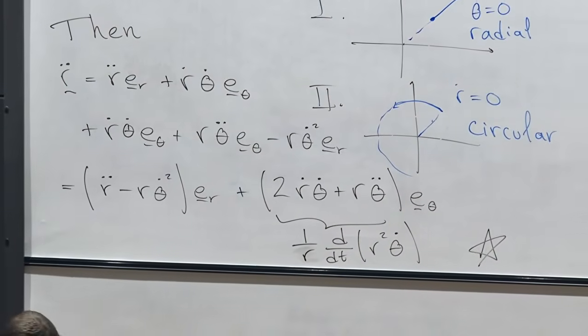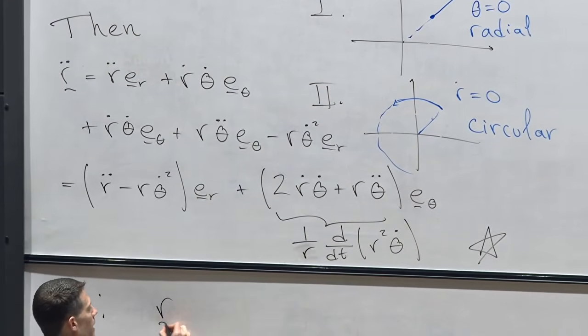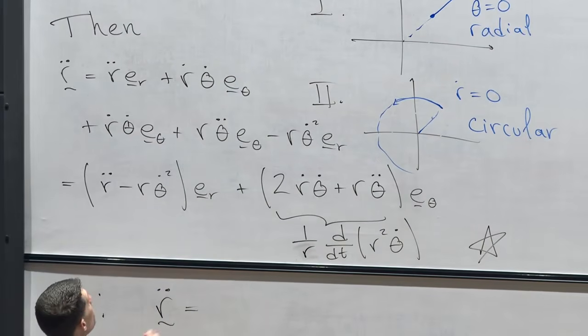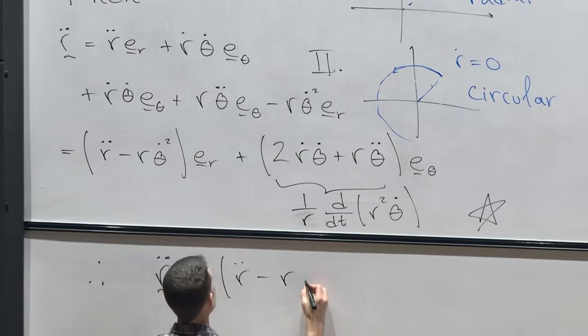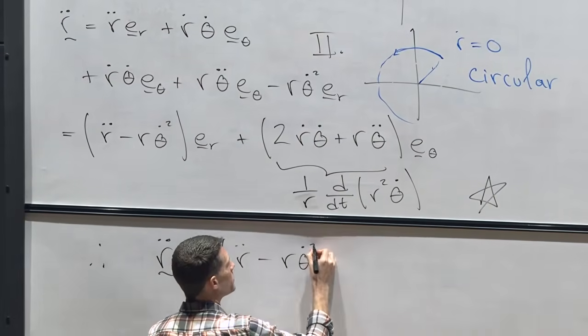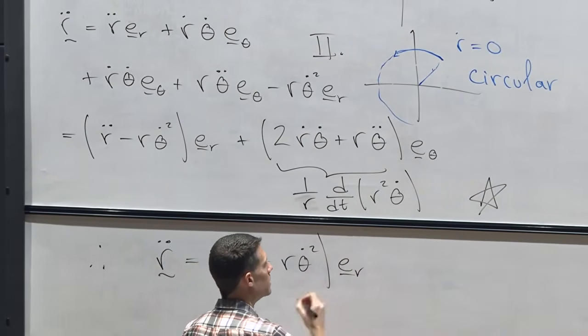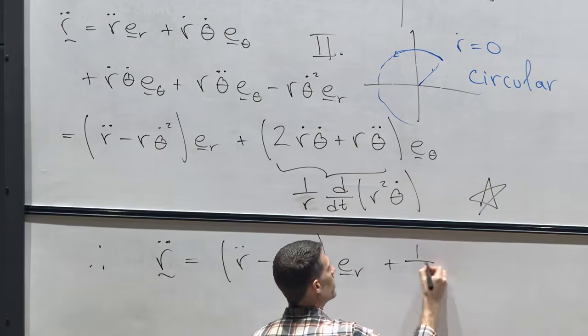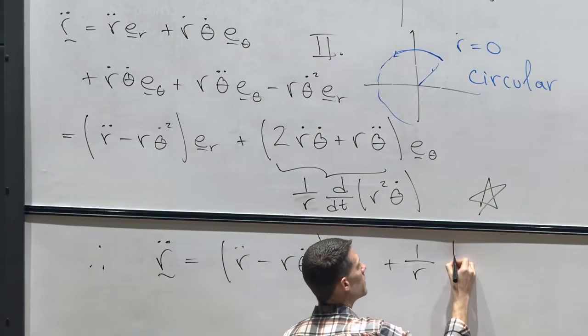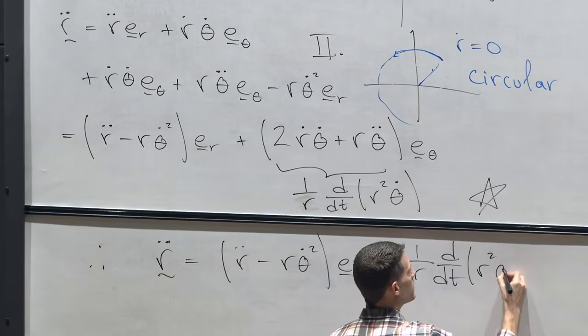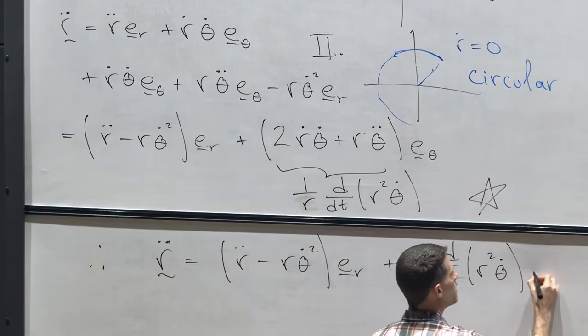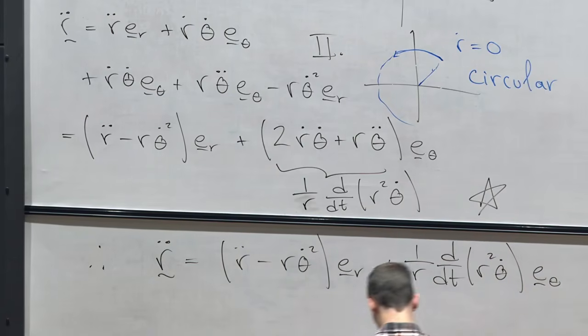So therefore, we just have one nice equation that we can put a box around. r double dot is r double dot minus r theta dot squared er plus 1 over r d dt of r squared theta dot e theta.